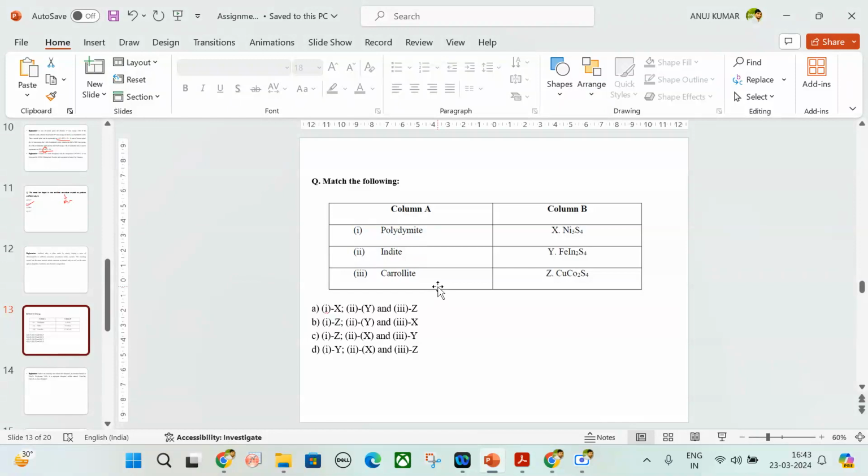Indite, as its name indicates, it contains indium, right? So the answer for the second will be Y, right?